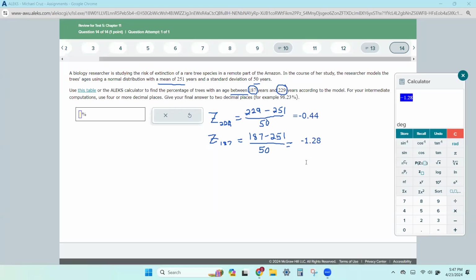All right, so what we got to do is we can do it manually or we can do it with the calculator. The calculator is basically this. I'm going to take the larger one, so this one.